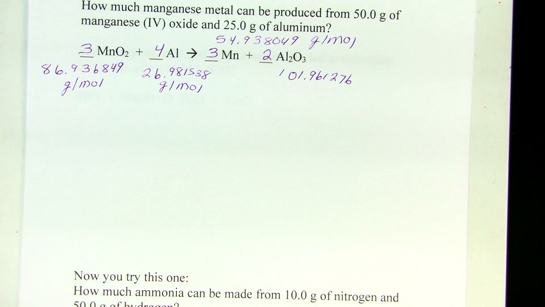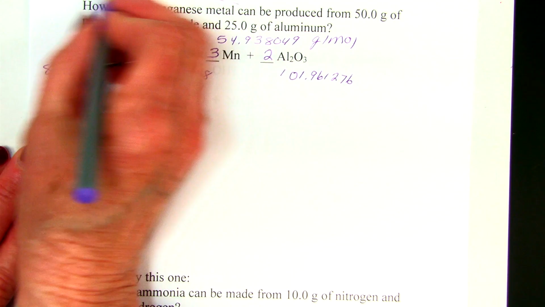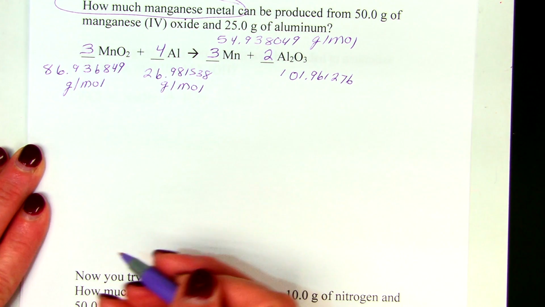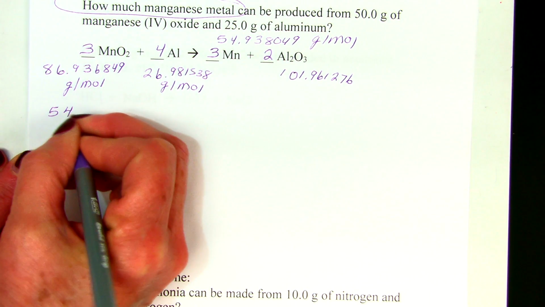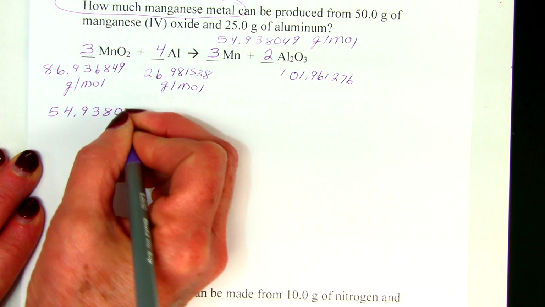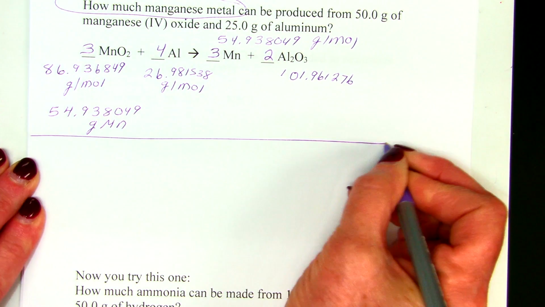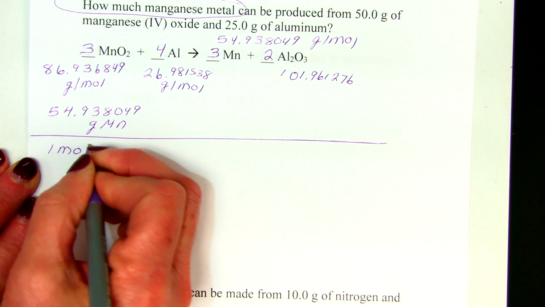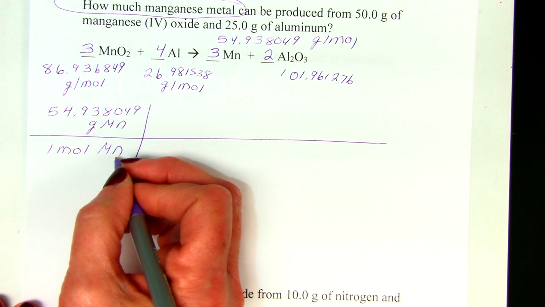So again, you can start anywhere. I always like to start with the unit I want on top and how much manganese metal. So I'll start with the molar mass of manganese. 54.938049 grams of manganese is 1 mole of manganese. Now that's the unit I want to keep on top, so I have to get rid of everything else.